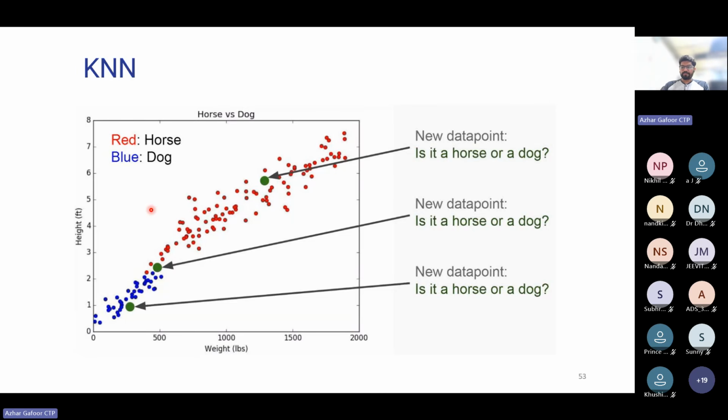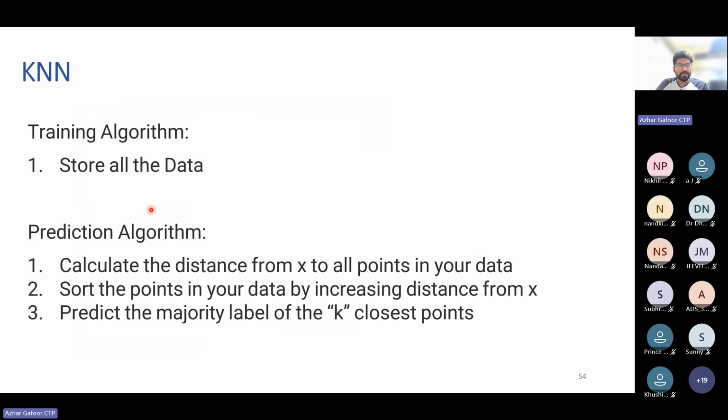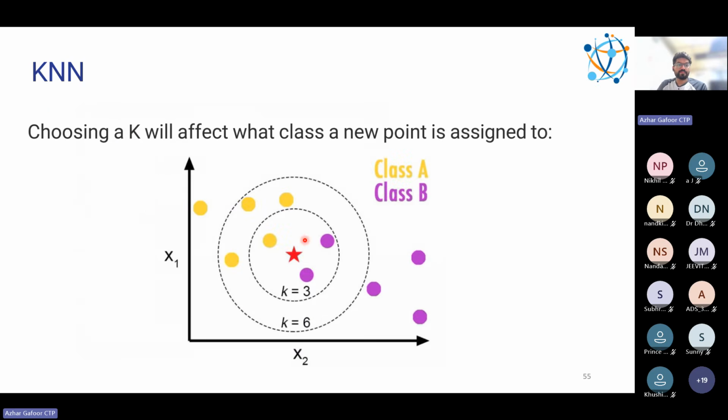So in the KNN, K means the number of points that we set as the threshold. So let's see how choosing the K value will affect a class. Here the star is the new data point. If K is equal to 3, so let's say this is our circle, we have two purple dots and one yellow dot.